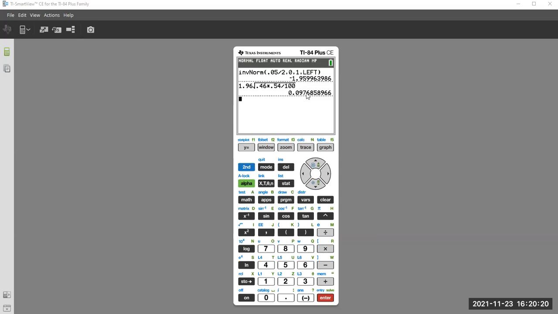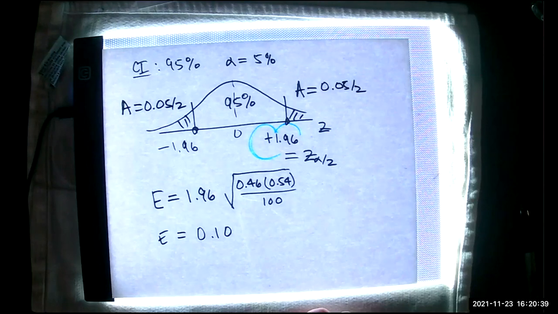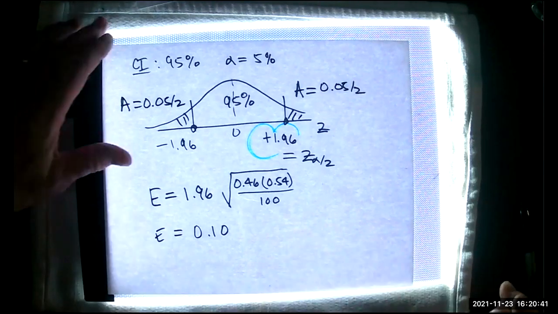That means this 9 has to be rounded up. And when I round the 9 up, it becomes essentially a 10. So this 0 becomes a 1, and that 9 turns into a 0. All right, thank you. So there's my margin of error.